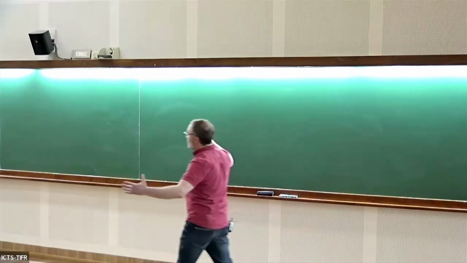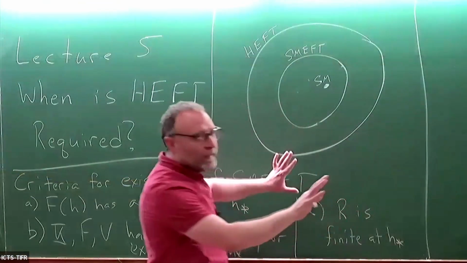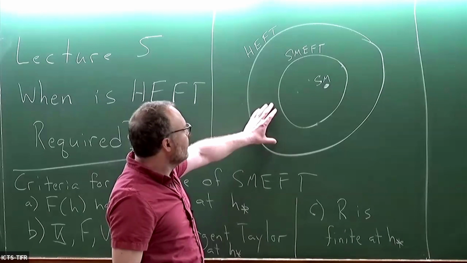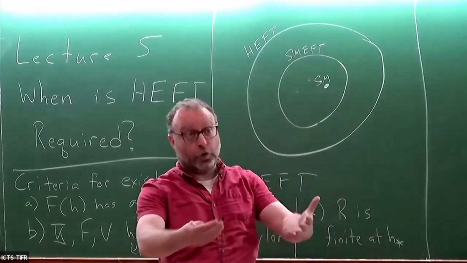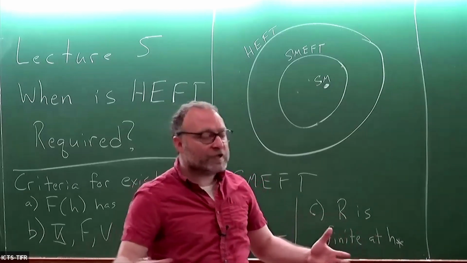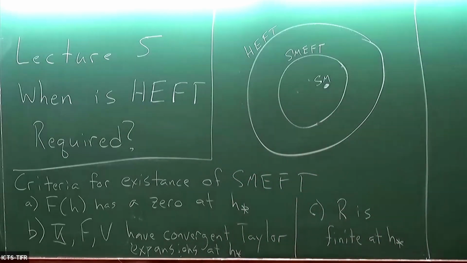No, the distances here don't mean anything. This is really just to say that the HEFT description encompasses SMEFT and therefore it also encompasses the standard model. So there's nothing stopping me from defining the standard model directly in the physical vacuum.